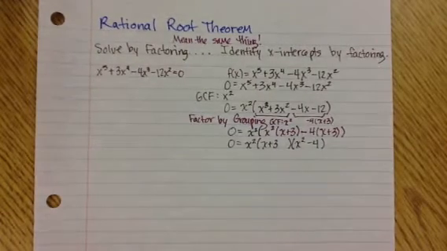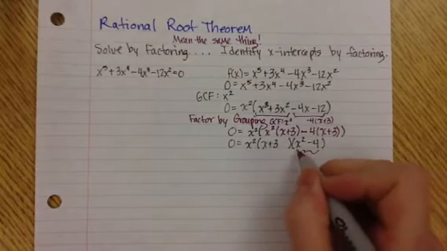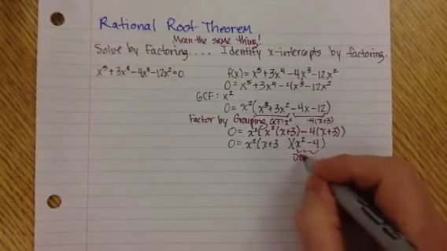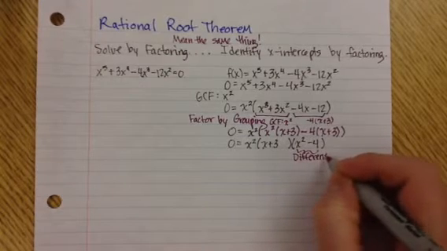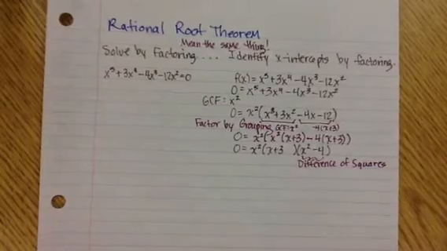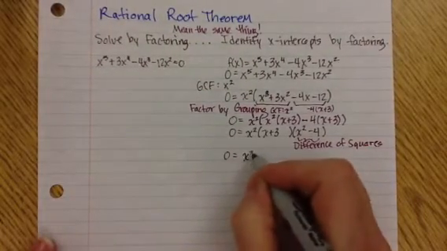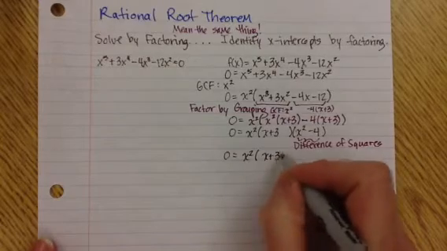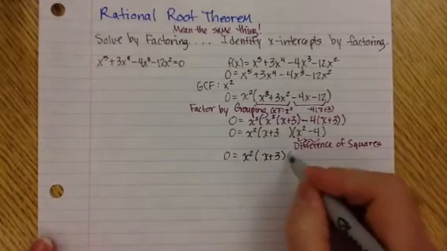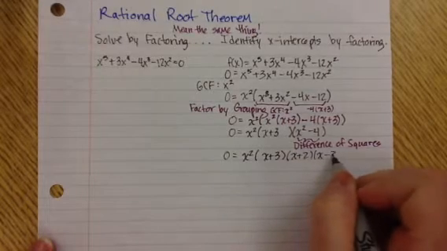Now I'm still not done factoring because I have an x squared in here. This x squared minus 4 happens to be a difference of squares. So I'll go another step in factoring. 0 equals x squared times x plus 3, and then I'll factor x squared minus 4 into x plus 2 times x minus 2.